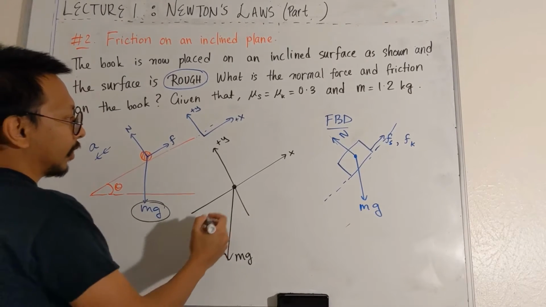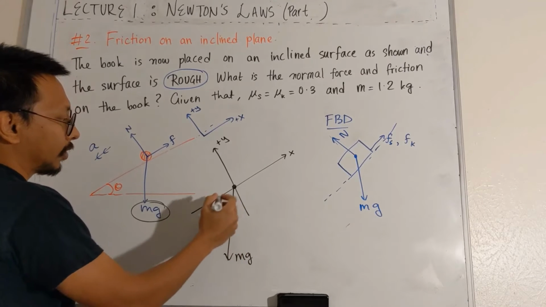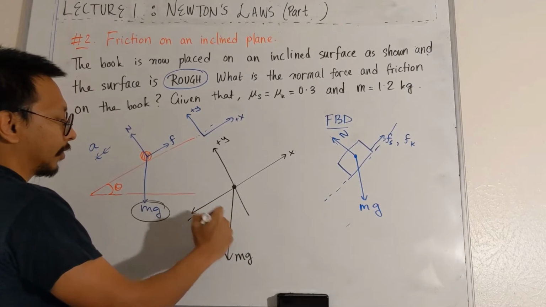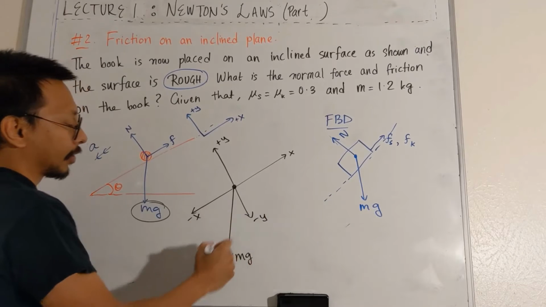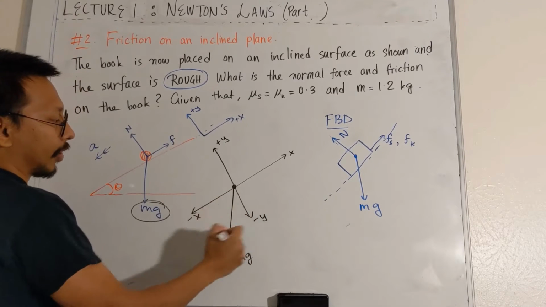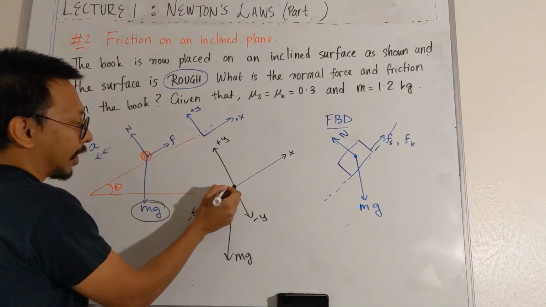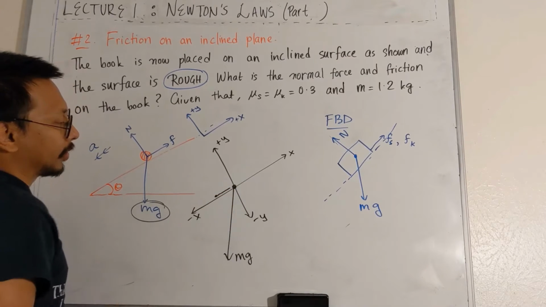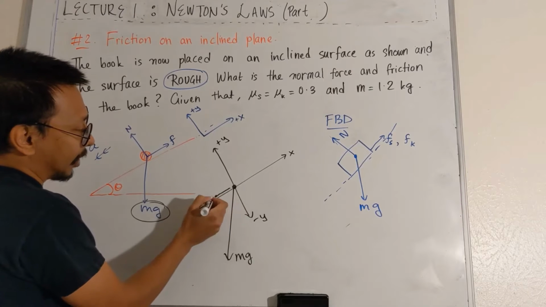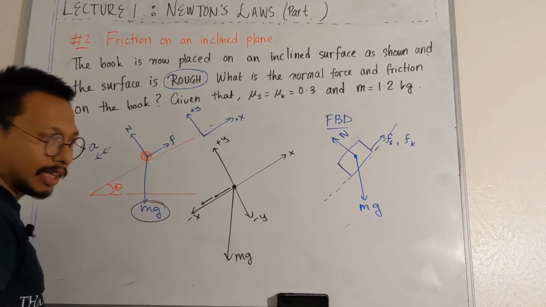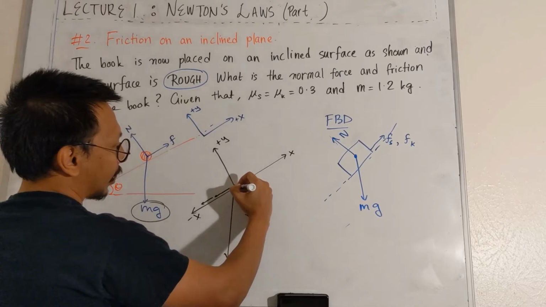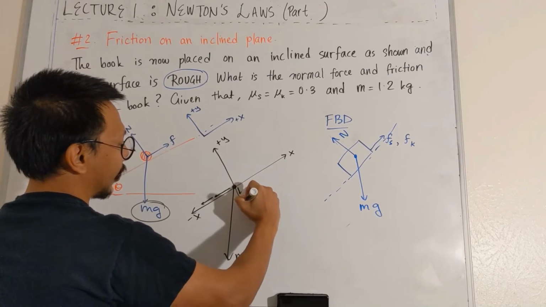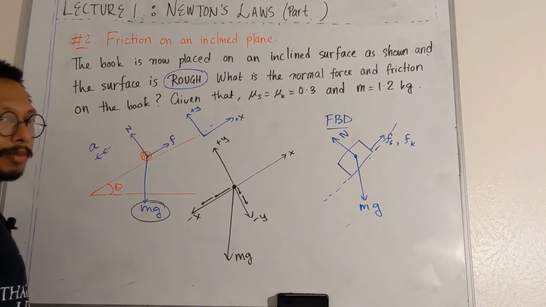Then we can see that this weight falls under the negative x direction and the negative y direction, this region right here. As you move more and more in this direction, x becomes more and more negative, and as you move along this direction more and more, y becomes negative.